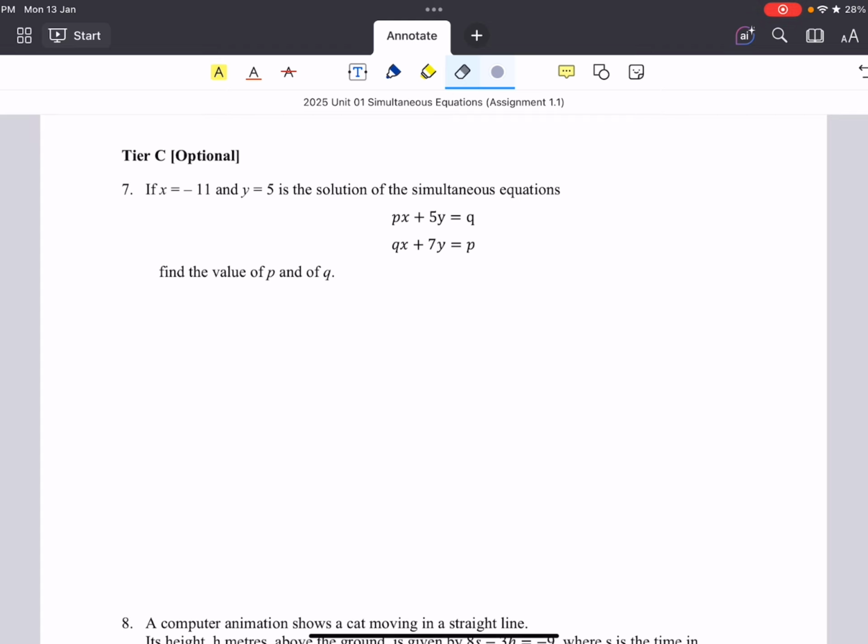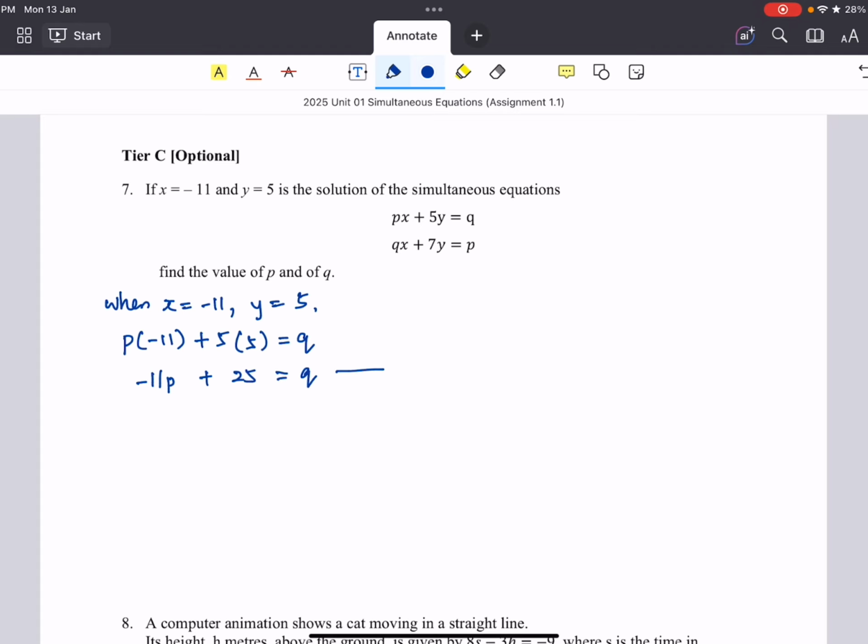So what I'm going to do is, when x equals negative 11 and y equals 5, that means that p times x, which is negative 11, plus 5 times y, where y is 5, equals q. So that means negative 11p plus 25 equals q.